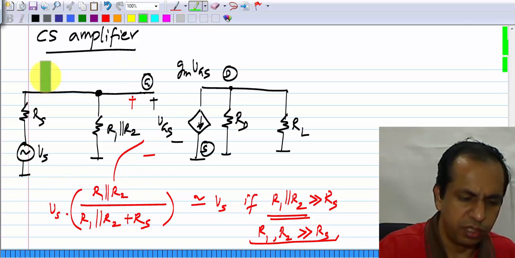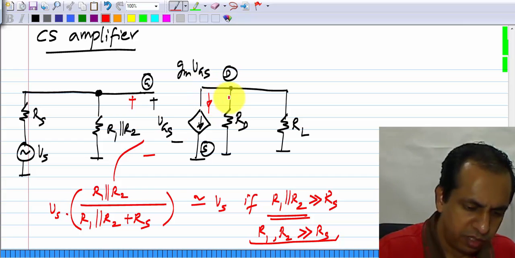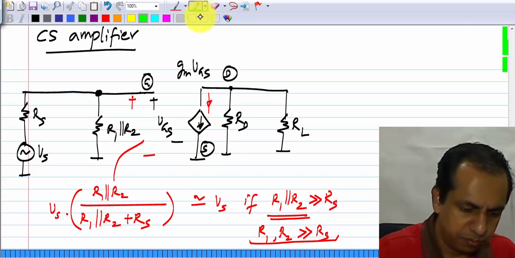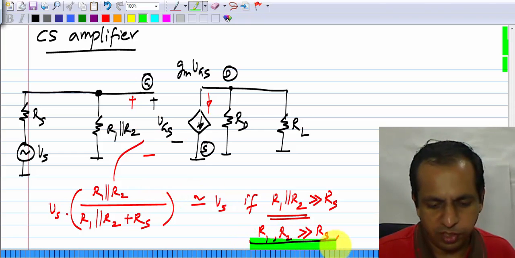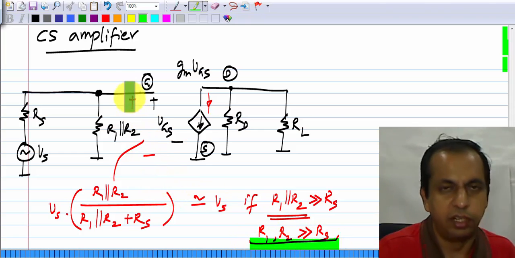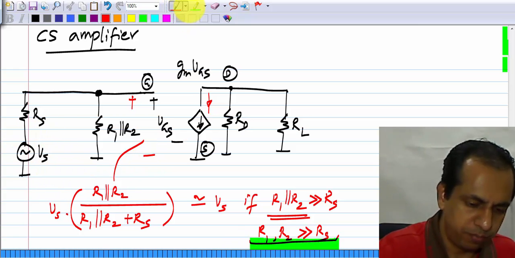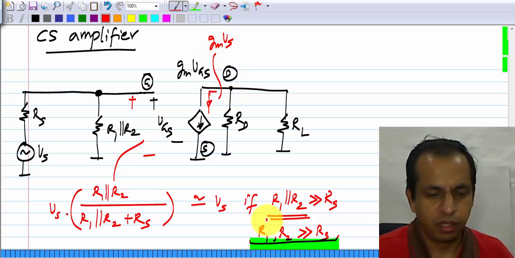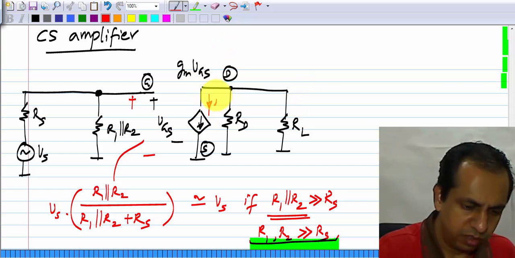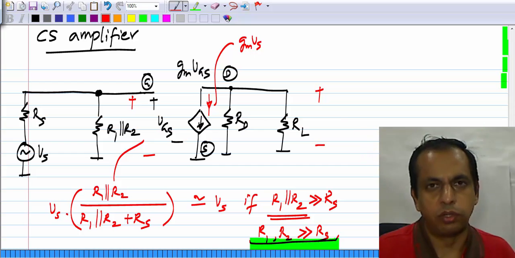So, that is for the input side. Now, what is the current flowing here? It is simply Gm times this voltage. I will assume that we have already satisfied this condition. So, this voltage here is approximately equal to Vs. So, this current here is Gm Vs. What is the voltage across this?